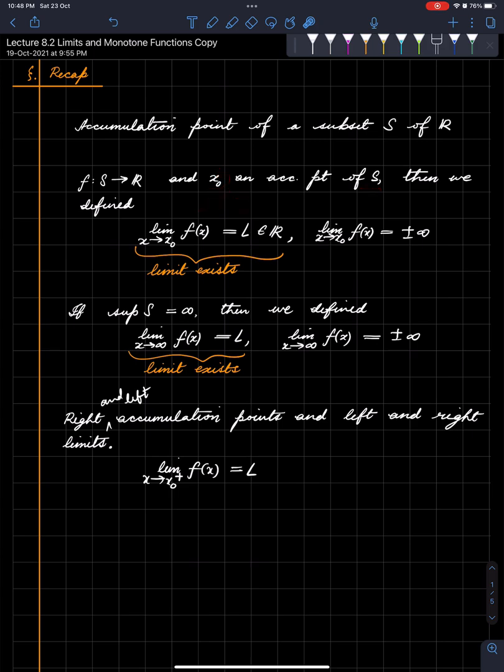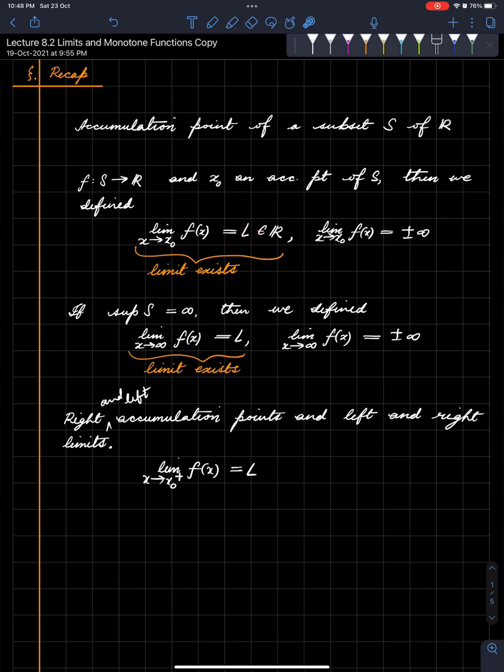That is completely fine. Then we defined many things. One of them was this notation. This means that as you come closer and closer to x0, while of course remaining in the domain of f, the function becomes closer and closer to L. And we gave a precise definition to it.